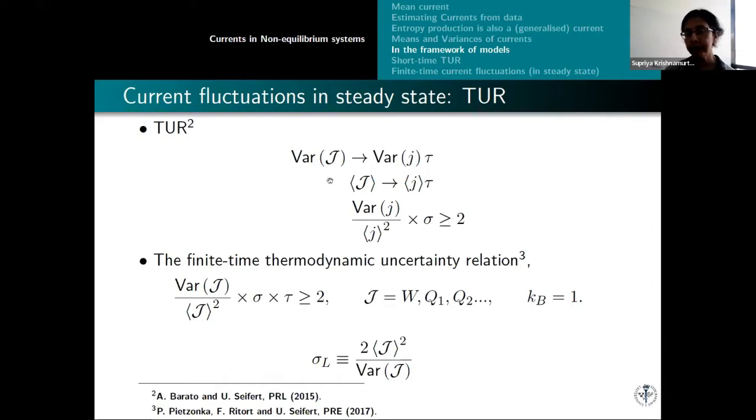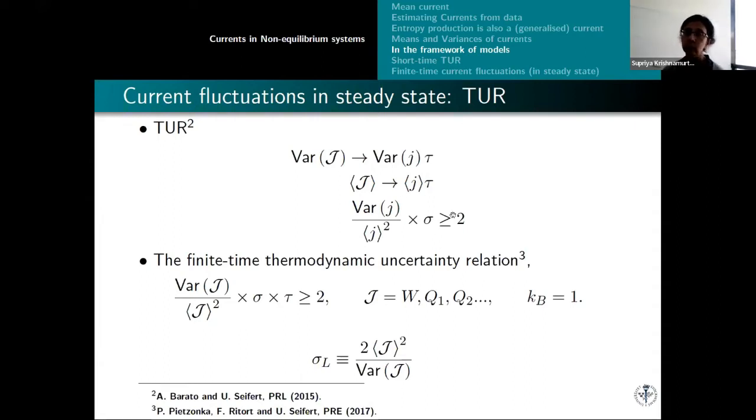And what they said then was that, at long times, we can argue that this variance is also extensive in time. It goes linearly as t. The mean also goes linearly as t. So now if I just have this ratio, variance of this quantity by this, so this is a time-intensive variable, and I multiply it by sigma, which is also time-intensive because it's a rate of entropy production, then all this stuff on the left-hand side is greater than or equal to 2.